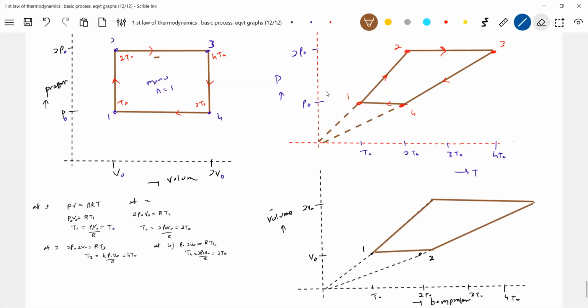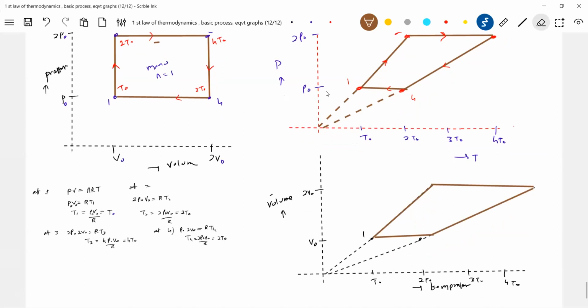We'll redraw the scales, all other scales also. 3T naught will not be there. In the exam, nobody will ask you to draw, no? You only have to identify the graph. 2T naught, 3 naught you mentioned somewhere. There's a 4T naught. So there's point 2, 3, 4. The curve will be like this. Okay, fine.